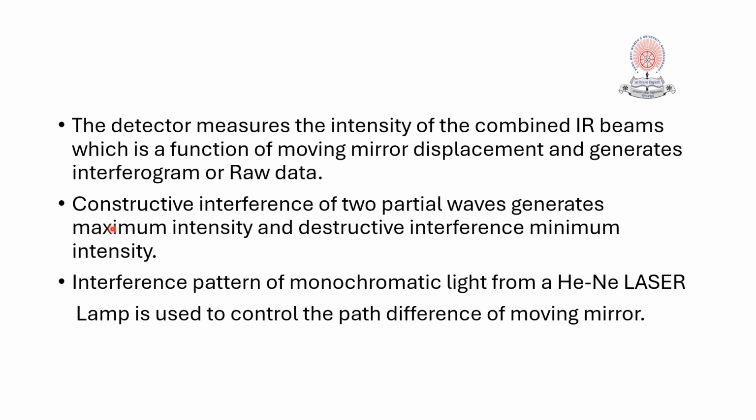If the interference is constructive, then the detector detects maximum intensity of the radiation or transmittance, and if the interference is destructive, there is minimum intensity transmittance that is recorded by the detector.